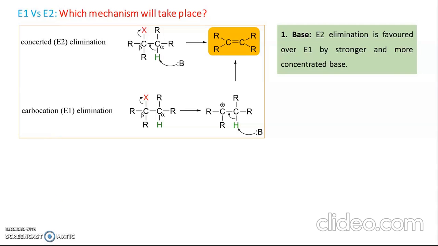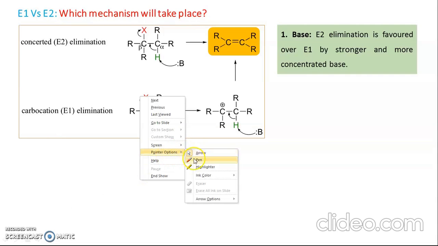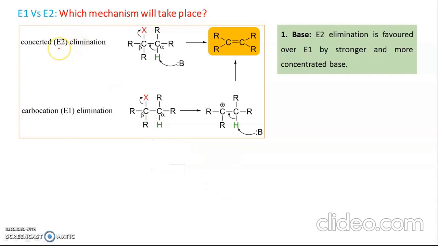So let's see E1 versus E2, which mechanism will take place. First we will quickly brush up on E1 and E2 elimination. E2 is concerted. Here we have taken a general structure of a molecule, R2CX and then CHR2.